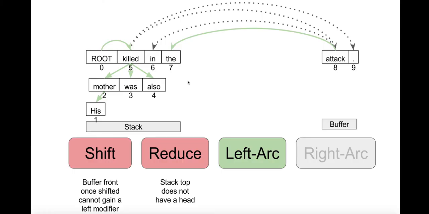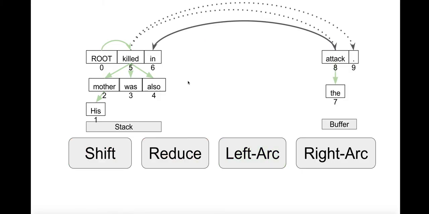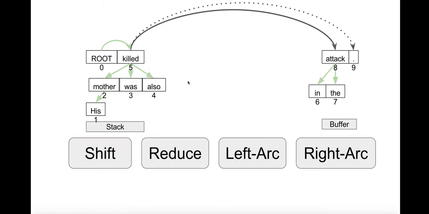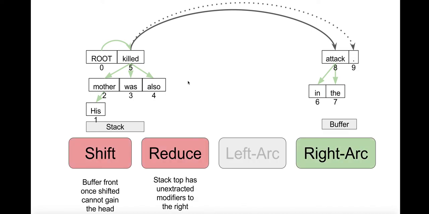But as we have seen previously, if there is a left arc or a right arc spanning the top of the stack and front of the buffer, we need to create it. So we create a left arc, and yet again we face the exact same situation. We create a left arc. Now we have a right arc visible here, so we create a right arc.